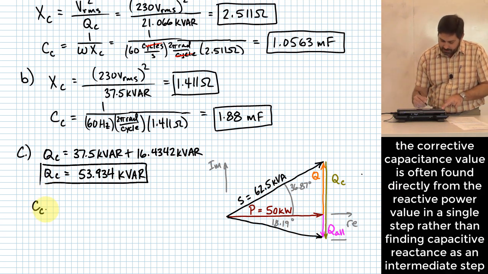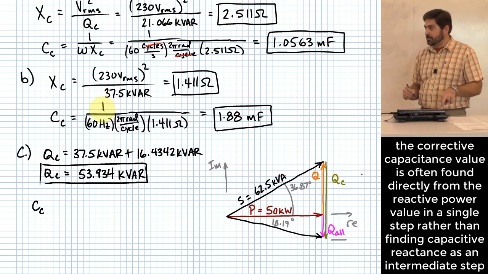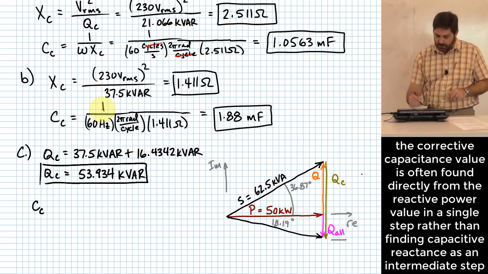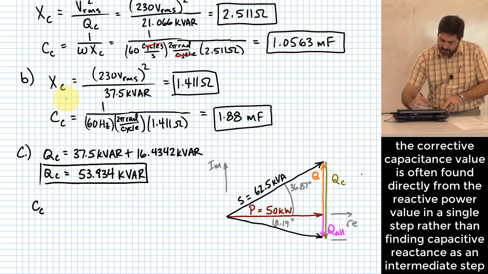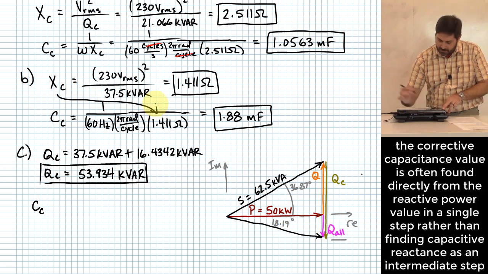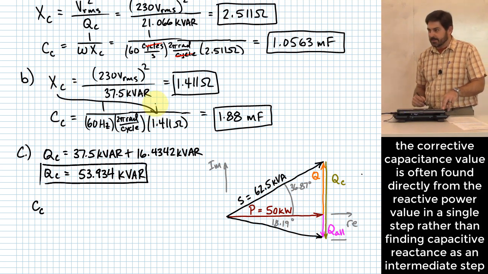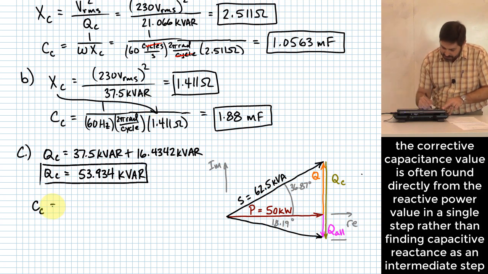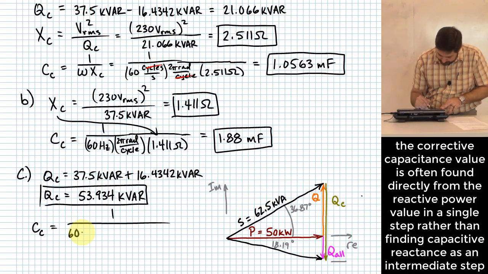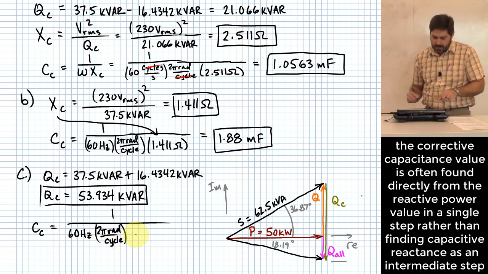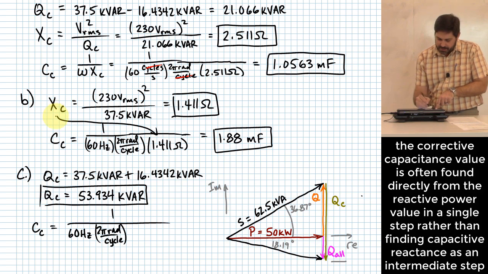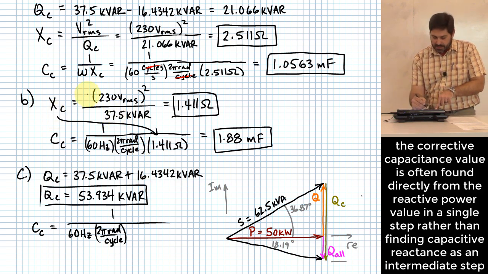Some people like to collapse those two steps, which I've been doing in two steps up there, into just one step, because all you're doing is finding an X sub C, then plugging that X sub C over here. Some people like to collapse that into one step, so 1 over 60 hertz times 2 pi radians per cycle. Then I just take my calculation of what my XC value is that I need, and plug that into the denominator down here.